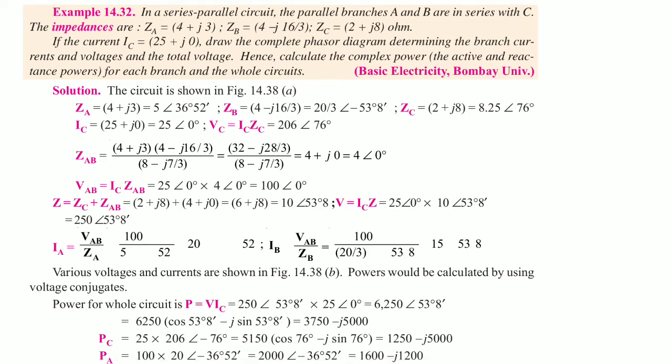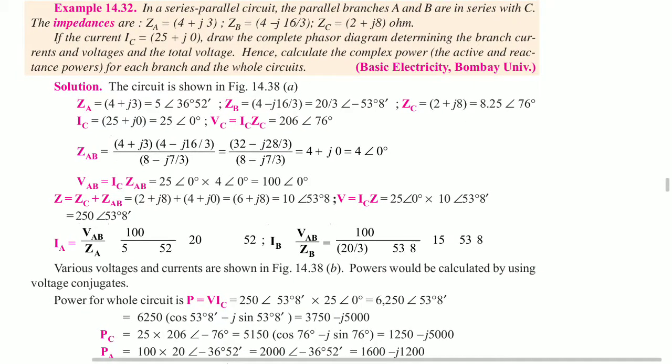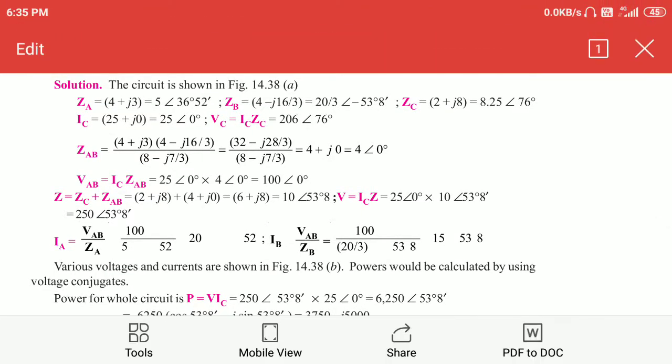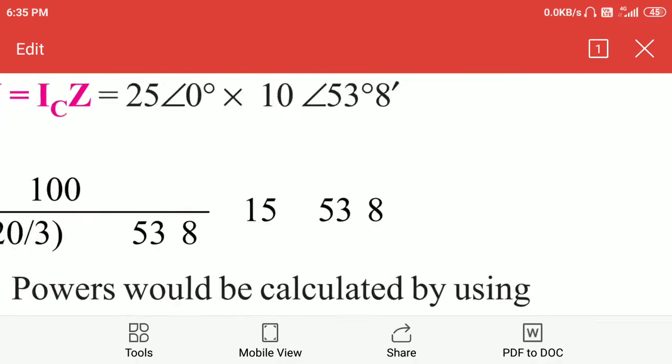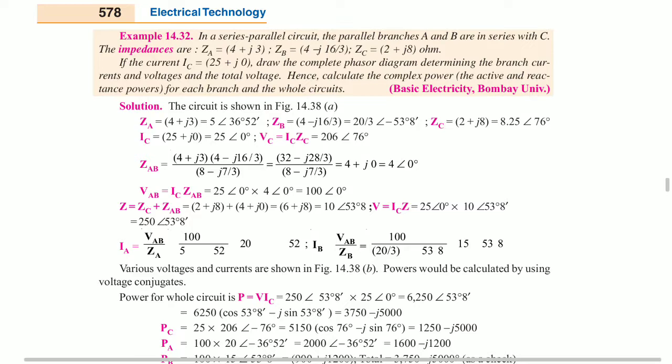So here the current IC is equal to 25 plus J0.